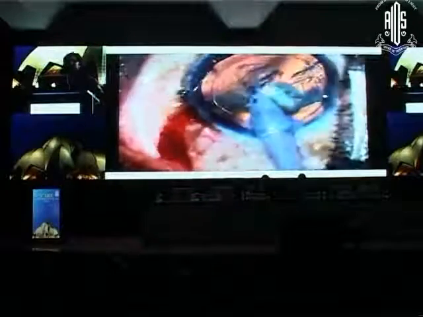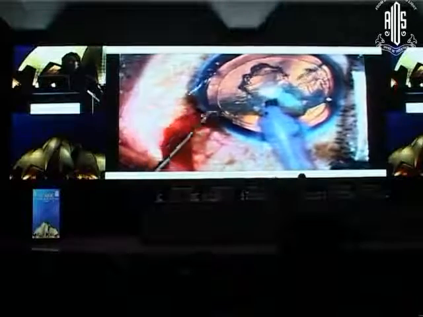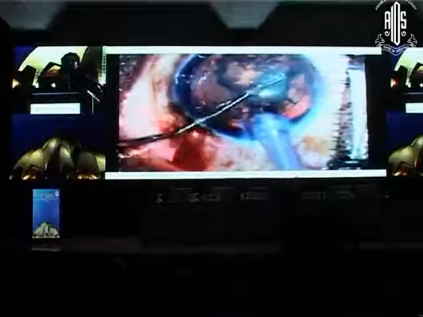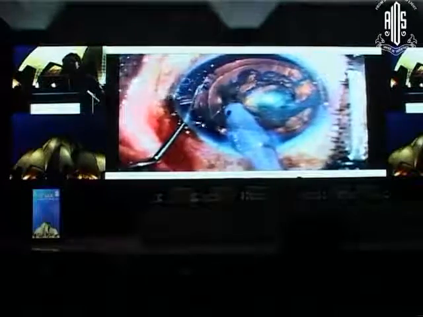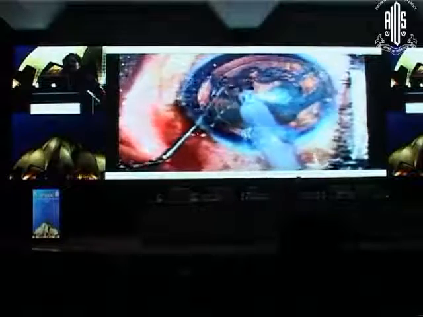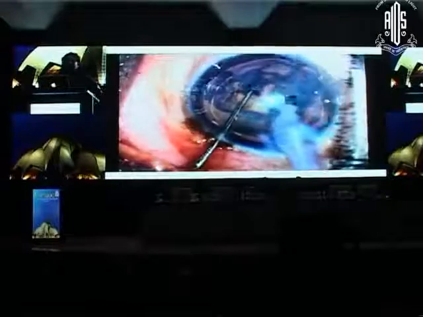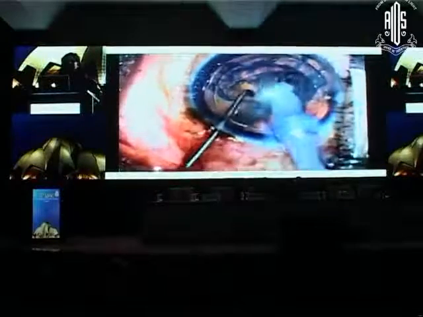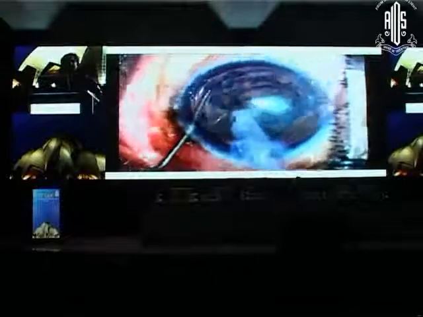When we start phacoemulsification, as you can see over here, the nucleus is so soft that while trying to trench, it forms a cavitation. So we understand that it is going to be impossible to try and divide this nucleus into two pieces because while doing phacoemulsification, there is a cavitation effect.